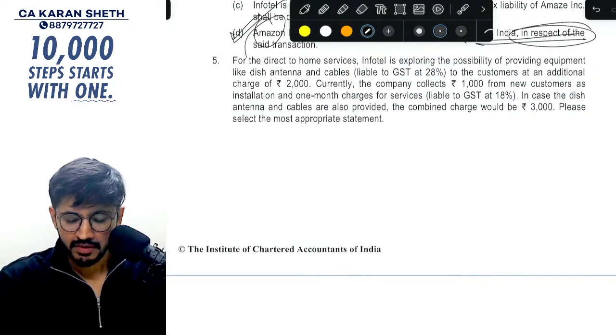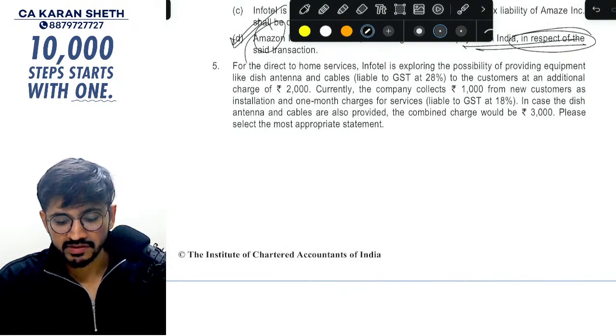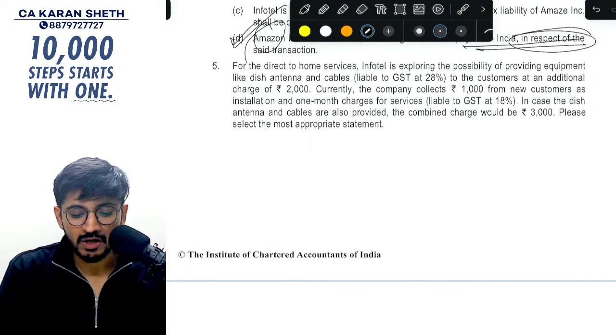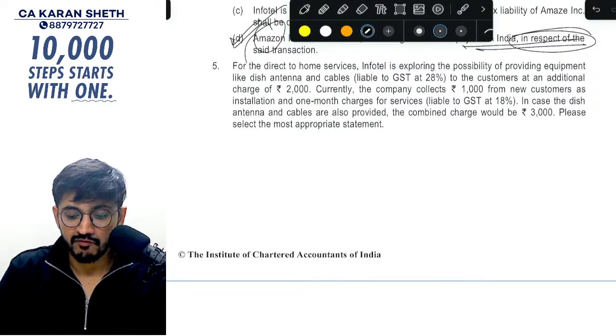Absolutely correct. Okay, next, my dear friends, happens to be for direct to home service, Infotel is exploring the possibility of providing equipment like dish antenna and cables at an additional charge of 2,000. Currently it collects 1,000 from customers as installation and 1 month charges for services.